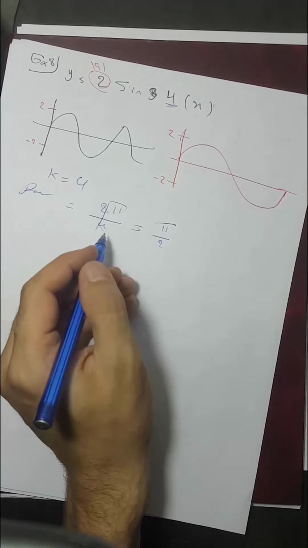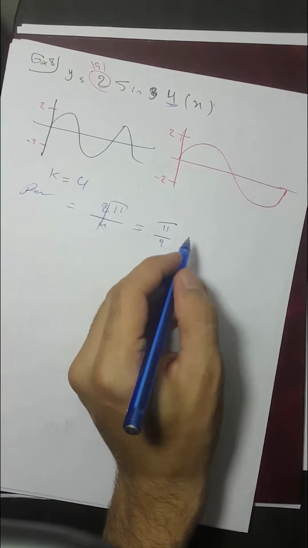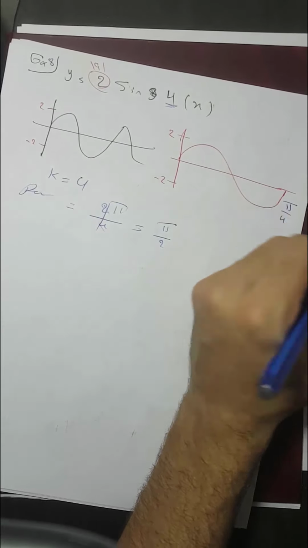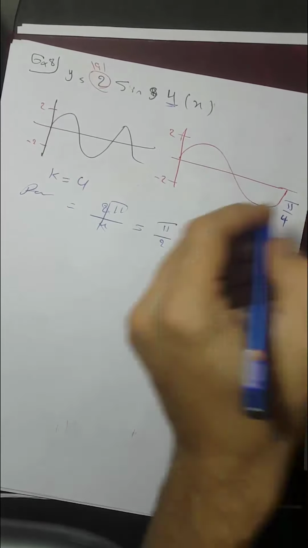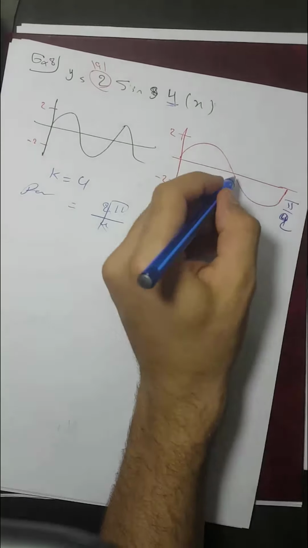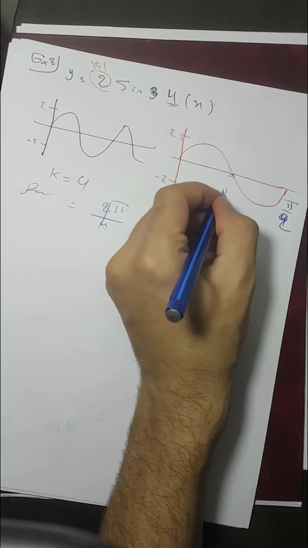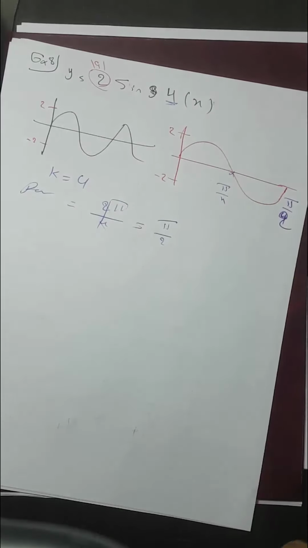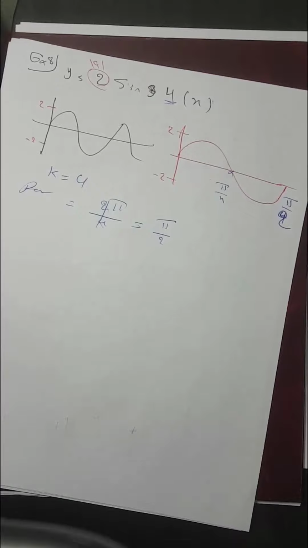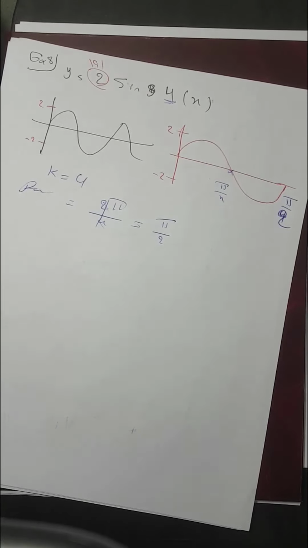K was 4, so here it will equal pi over 2. How about here? Divide, it is equal to pi over 4, and go find the other parts. That's all about finding periods of the function. Okay, dear?